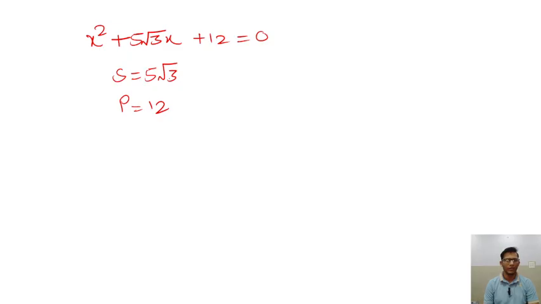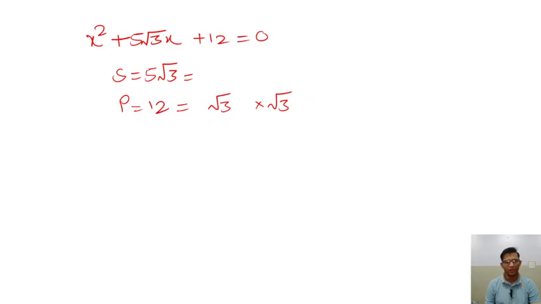Okay, now just think, the sum of two numbers is 5 root 3. Therefore, both these numbers must contain root 3. It means you'll get product as root 3 into root 3. Now you have to think about this constant term. Root 3 into root 3 becomes 3.